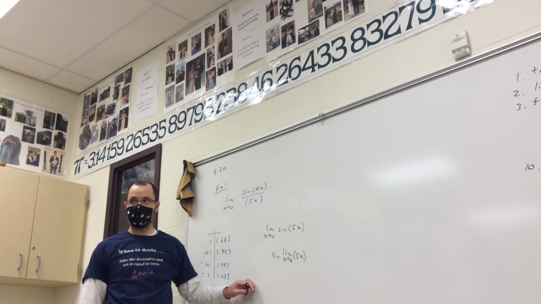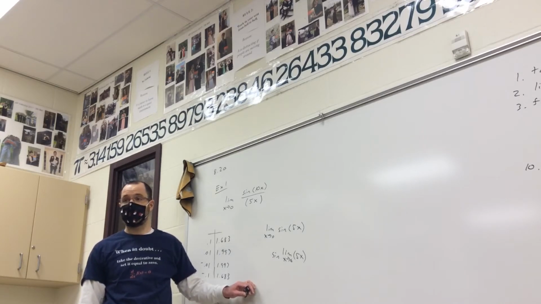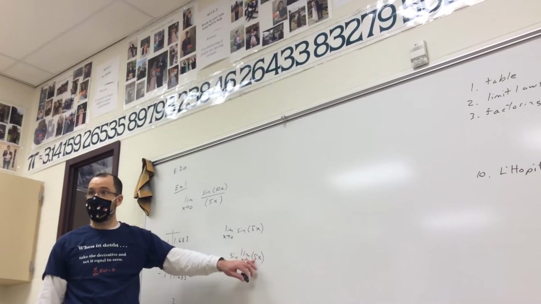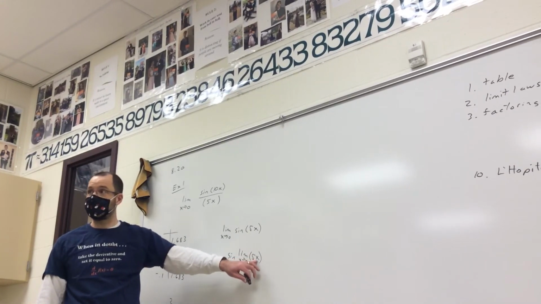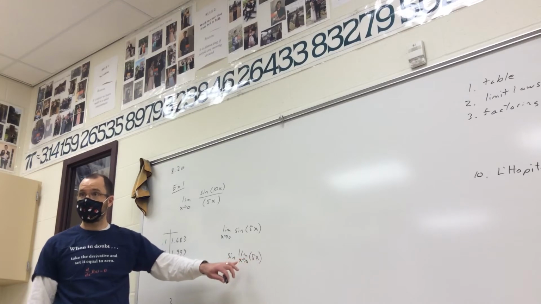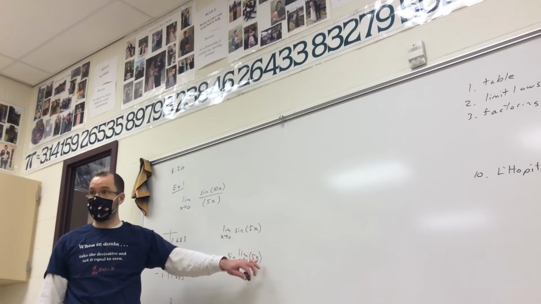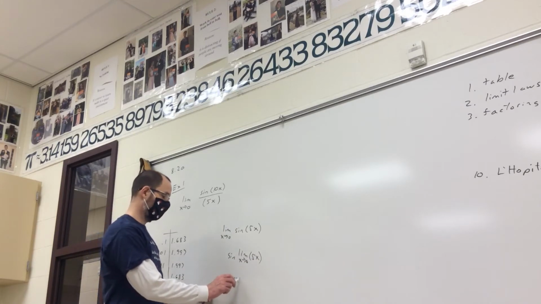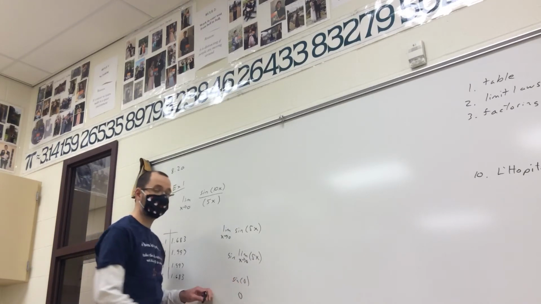Talked about that a little bit in Chapter 2. When you have a continuous function, the limit can go past the function. And then you do limit laws here. The limit of 5 is 5, and the limit of x is 0. And then 5 times 0 is 0. So this would end up being the sine of 0, and the sine of 0 is 0.